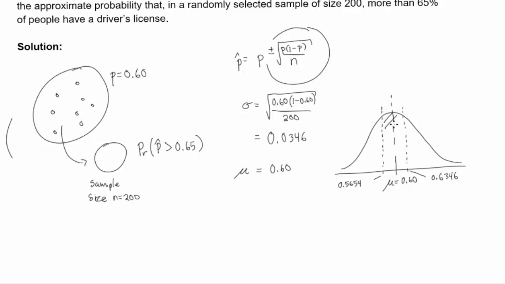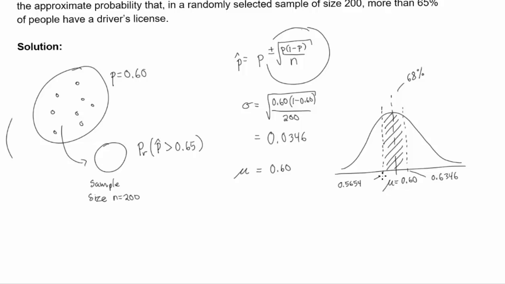So this area here would be, 68% of the sample proportions would fall within this range, 0.6 plus or minus 0.0346.